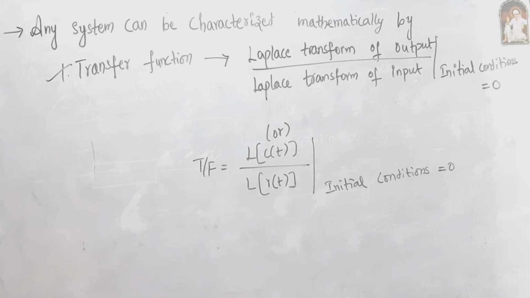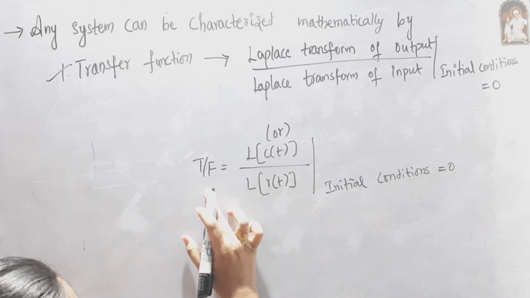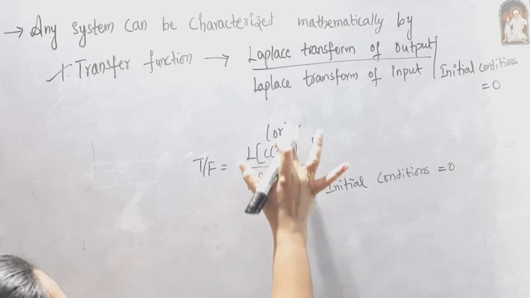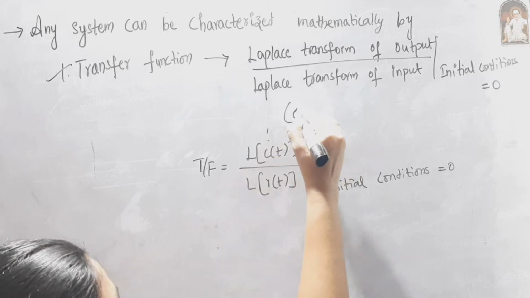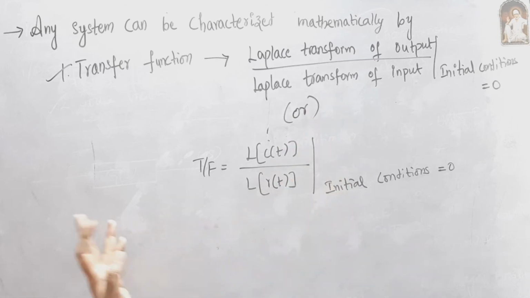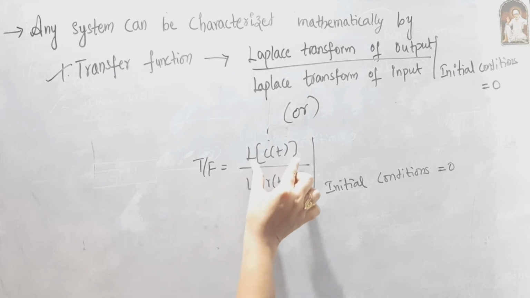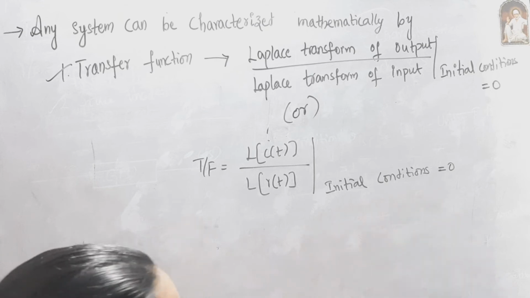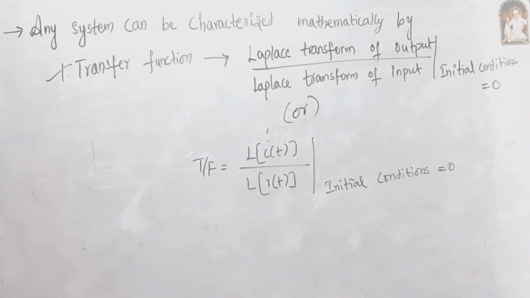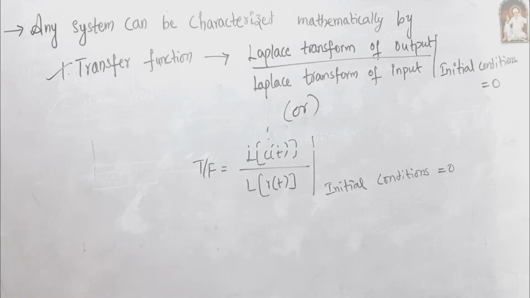We already saw in the block diagram that we represent the output with the symbol C and input with the symbol R. Now we will derive the transfer function equation for open loop control system and closed loop control system.